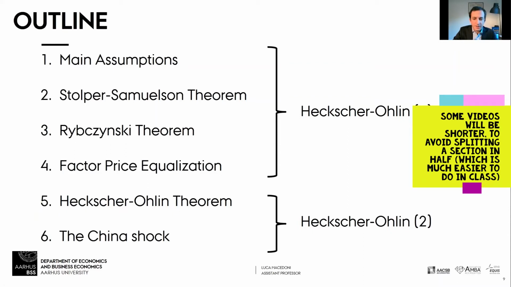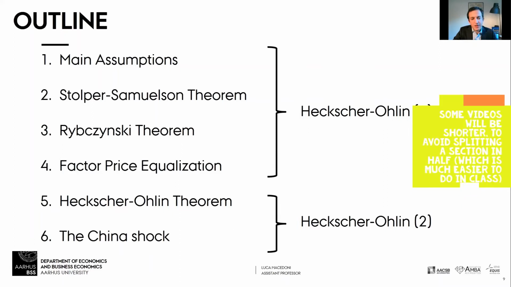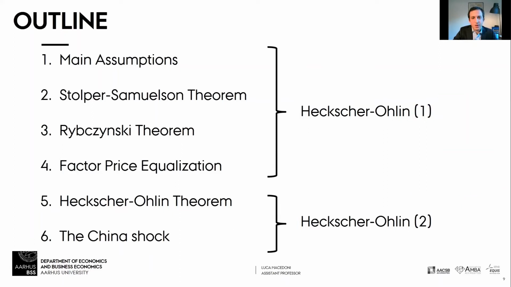Now, the second part is going to be the full-fledged Heckscher-Ohlin theorem, where we're going to consider two open economies. And eventually, we're going to apply the model to study the China shock, the fact that China in 2001 entered the WTO. And by doing that, it effectively entered the international markets, and the rest has been history.